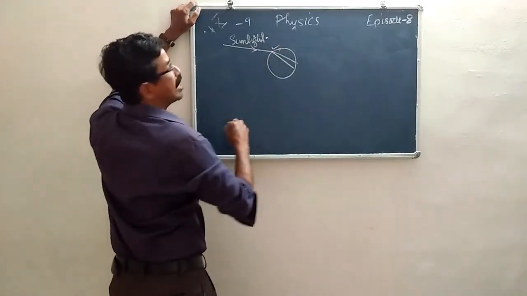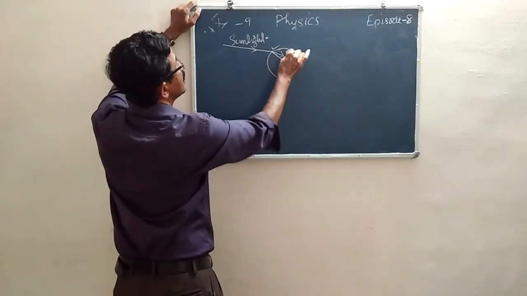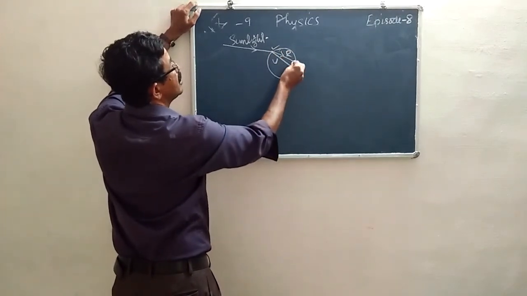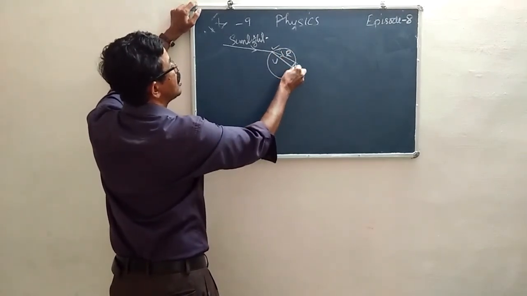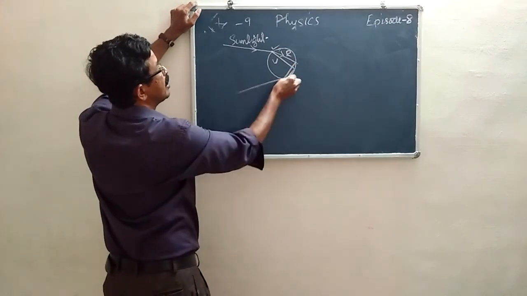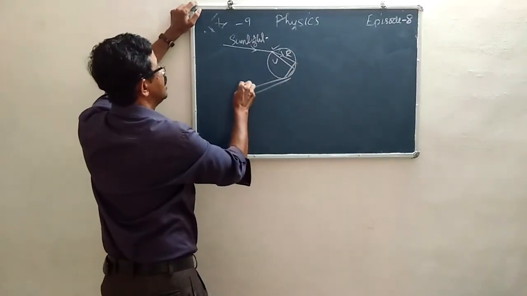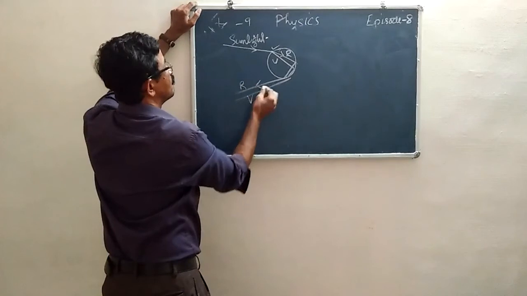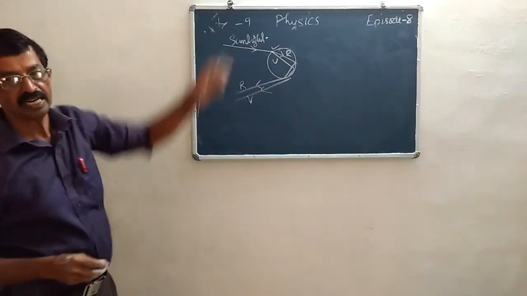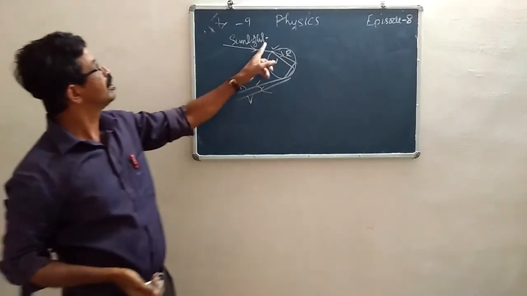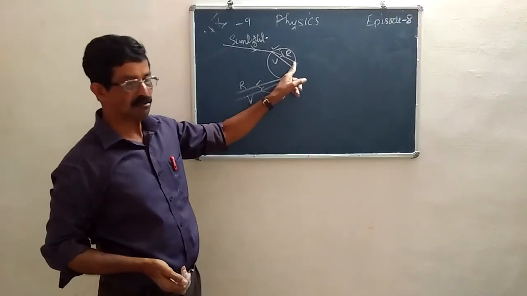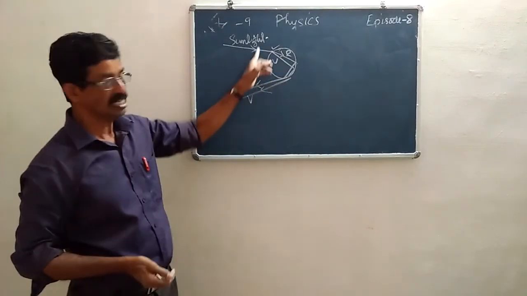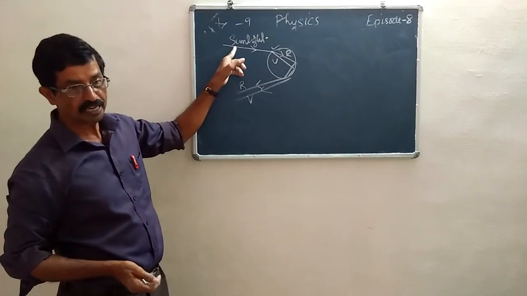Here, this color is red, this color is violet. Then there is internal reflection, and the light comes out this way. Then red and violet emerge, and this way we get a rainbow. That means two refractions and one internal reflection happen in the case of a rainbow.